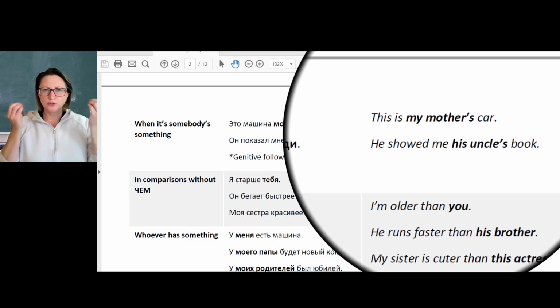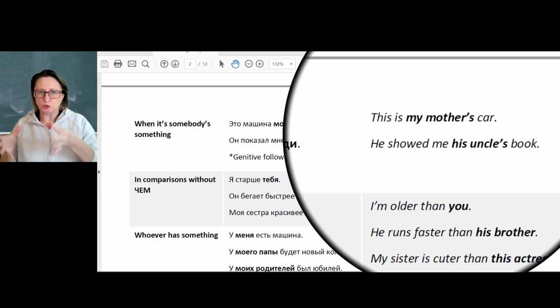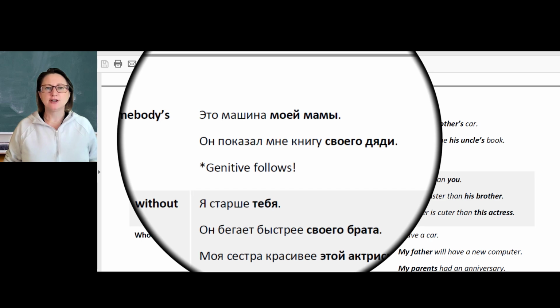So here we have two nouns, and one noun shows possession of another noun. In English, whoever has the item, like my mother has the car, so it's my mother's car, goes before the item that they own or have. His uncle has or wrote the book, so it's his uncle's book. In Russian, remember, genitive follows.